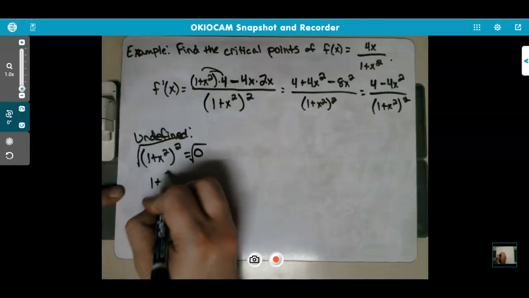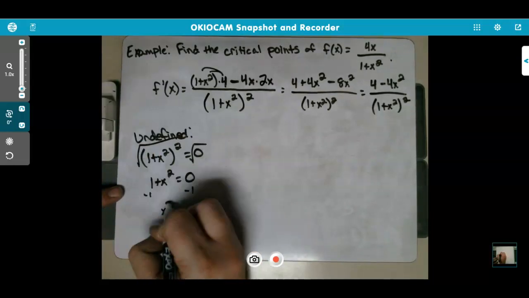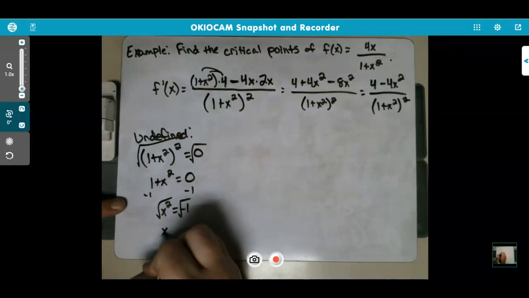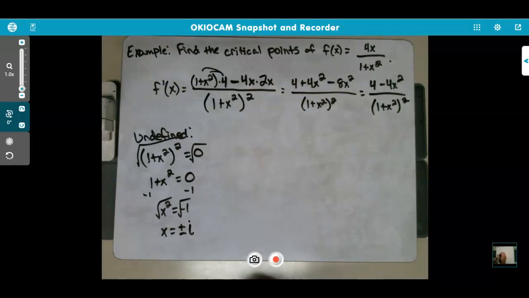So 1 plus x squared is equal to 0. Subtract 1 on both sides. X squared is equal to -1. Take the square root, and x is equal to plus or minus i. But remember, I'm looking for a point. I cannot plot a point of i, and so that didn't help me. So I get none from this.